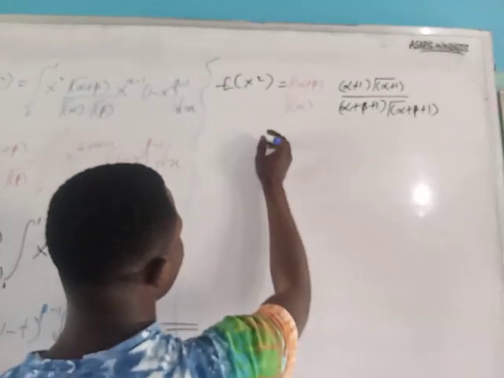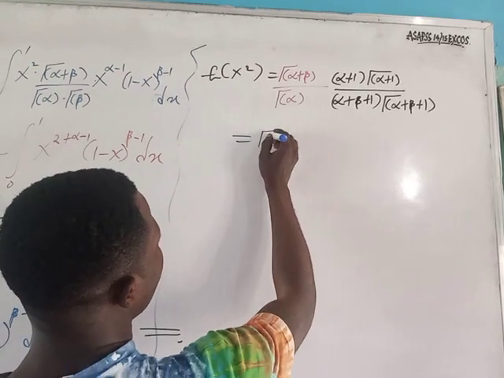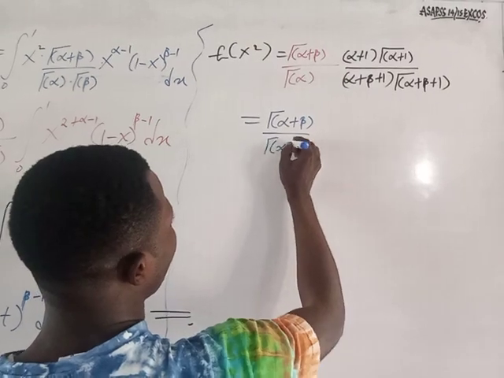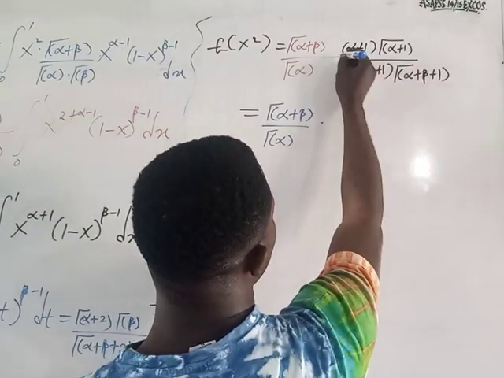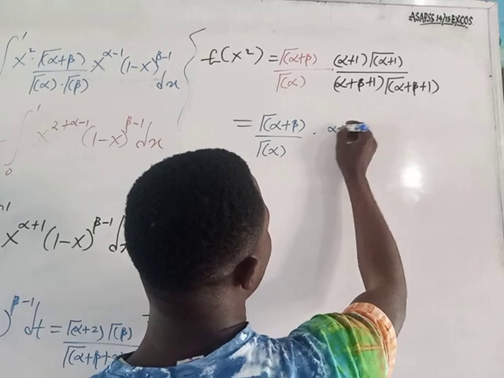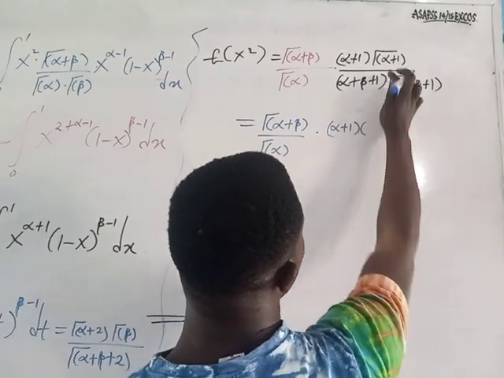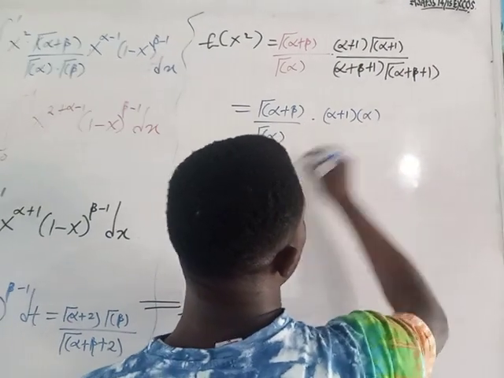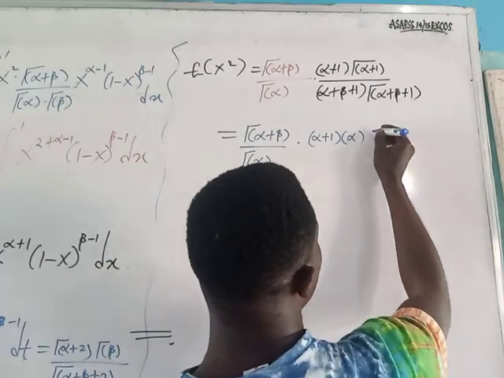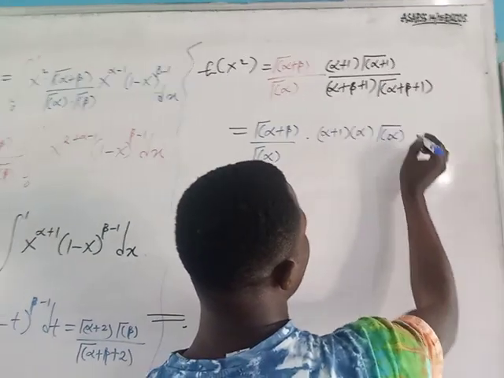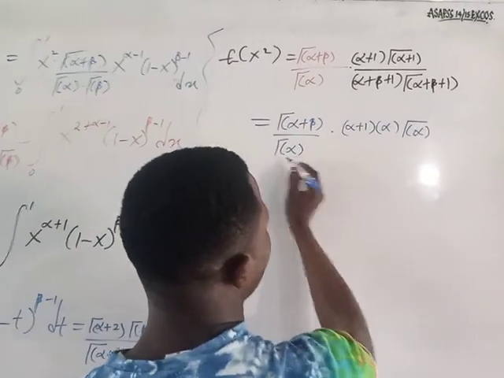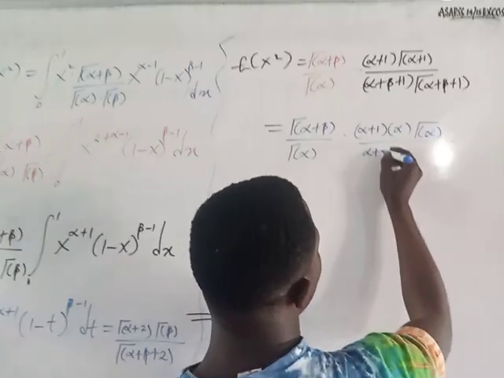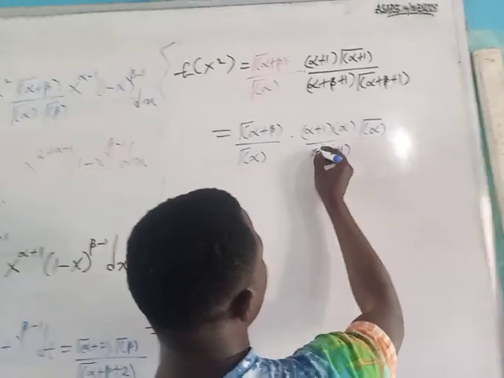And if we do that, we are going to have gamma alpha plus beta all over gamma alpha times alpha plus 1 times, so let's subtract 1 from this, we are going to have alpha, then we repeat it again, gamma alpha, so this can easily cancel this, all over alpha plus beta plus 1.